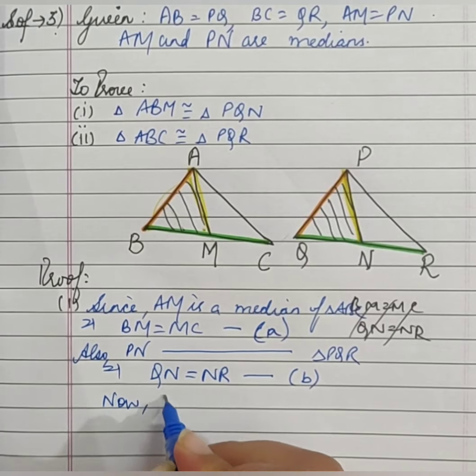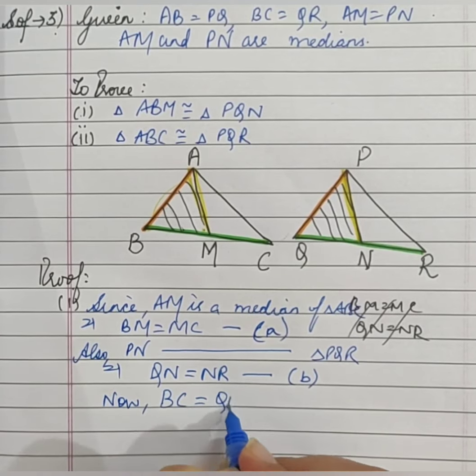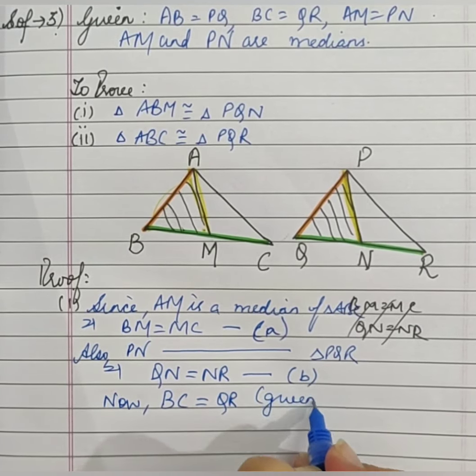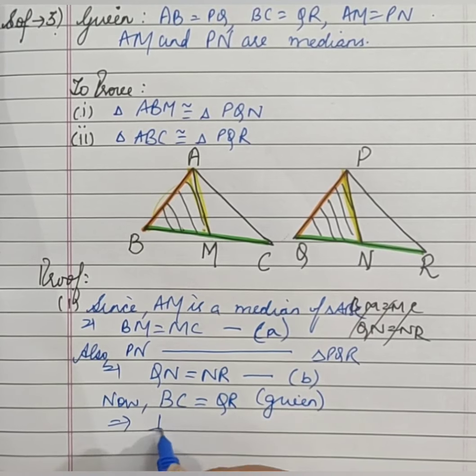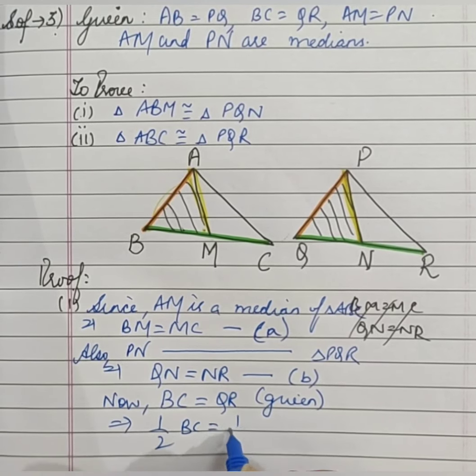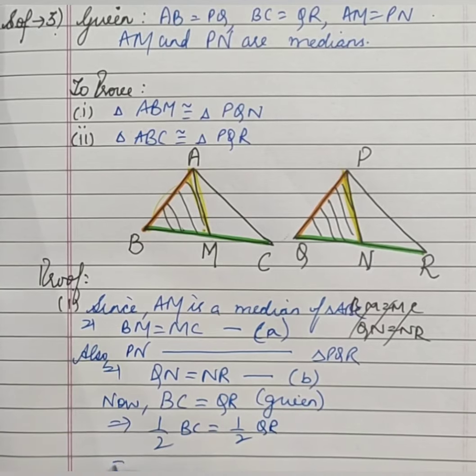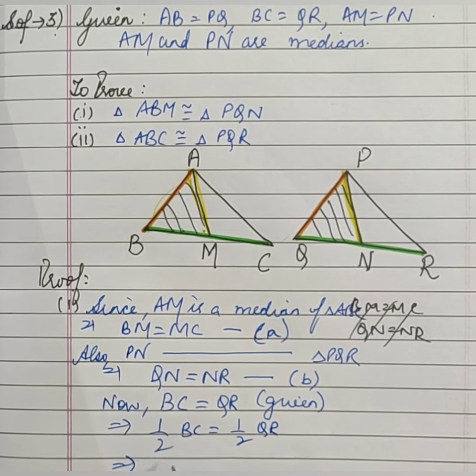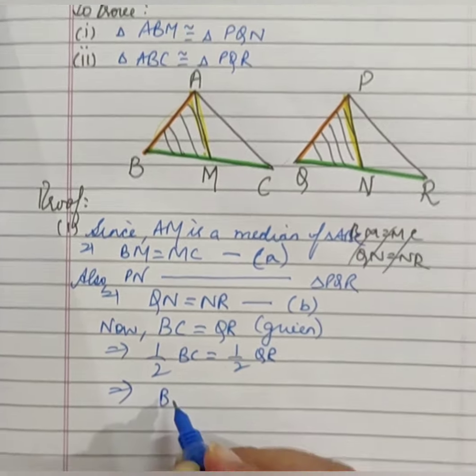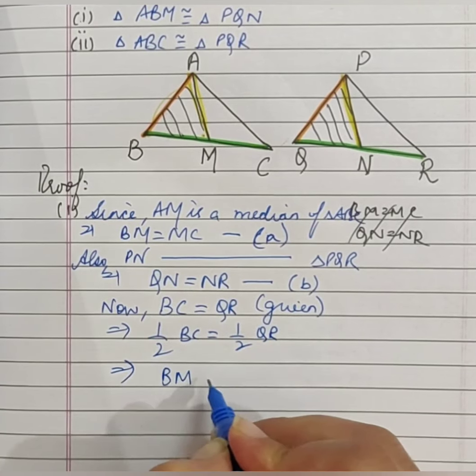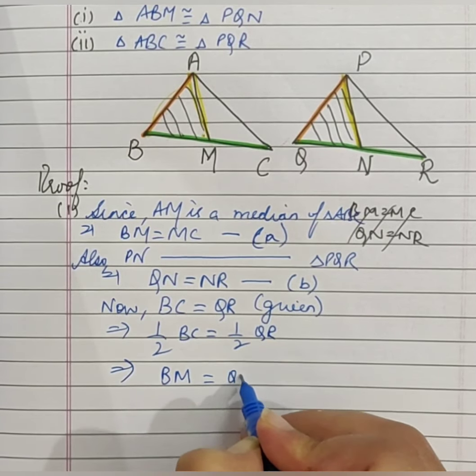Now, BC is equal to QR. It's given. It implies half of BC is equal to half of QR. It implies half of BC can be written as BM, and half of QR can be written as QN.